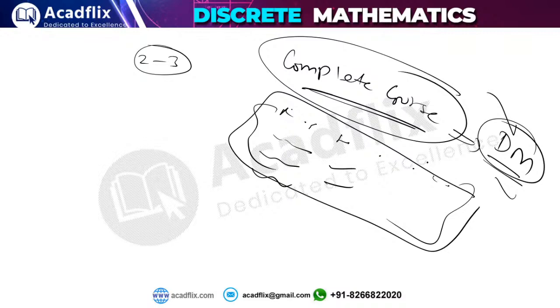Whenever we ask for feedback, you must provide it, so that we know what you like and what you don't like, so that we can improve. This is the plan: I will teach 4 subjects, discrete mathematics, TOC, compiler design, and DBMS, but depending on your feedback, I can take more subjects also.